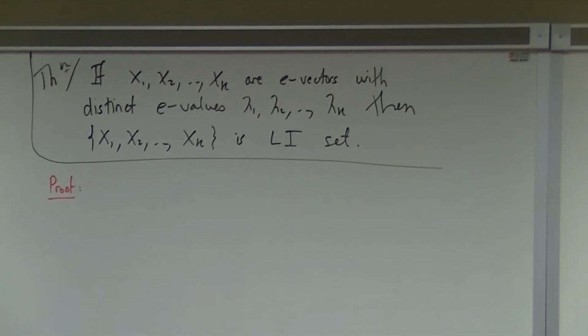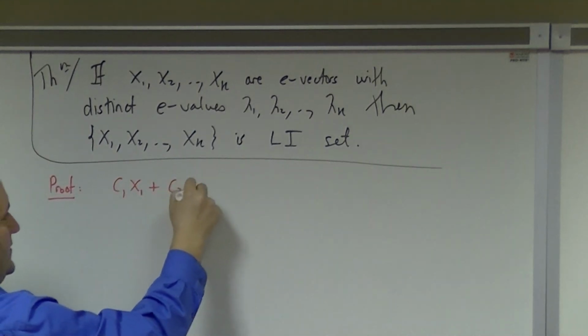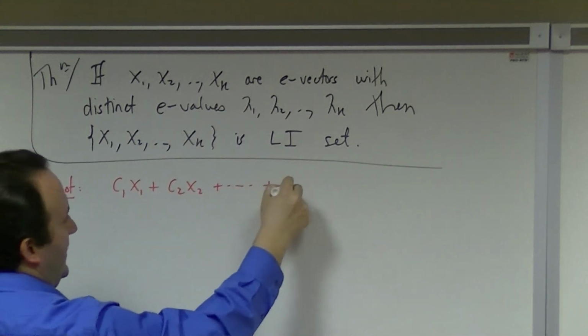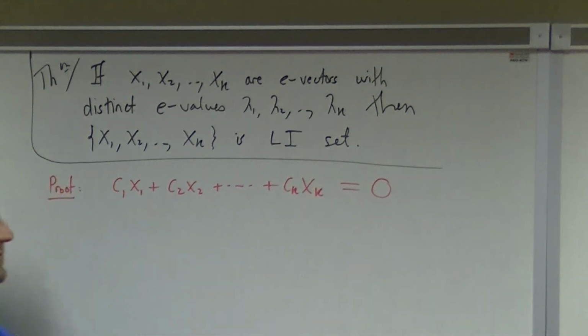So what do I want to do? I want to take a linear combination, c1x1 plus c2x2 plus ... plus ckxk, and set that equal to 0. I want to show that that must necessarily be the trivial combination, right? So here's the thing.